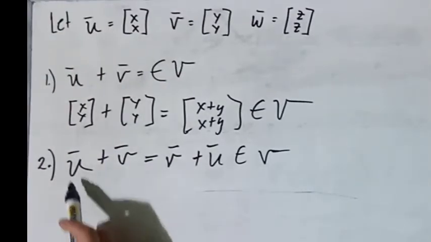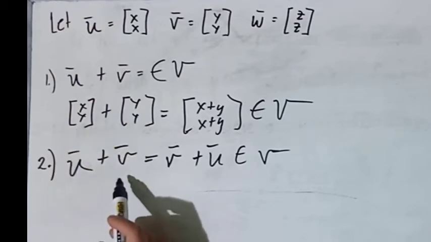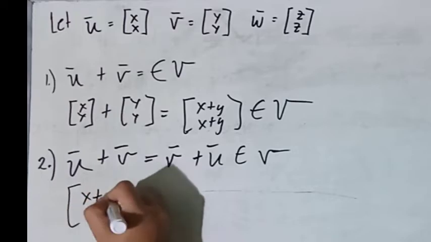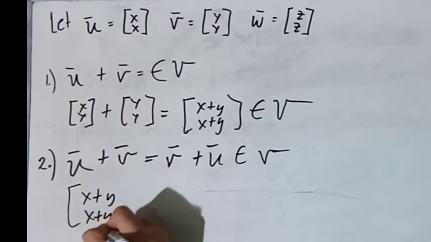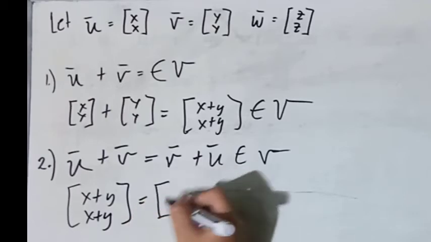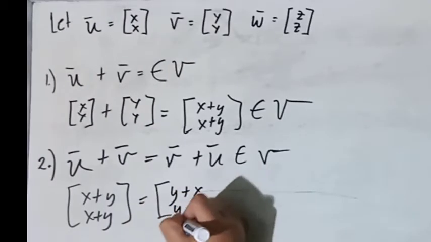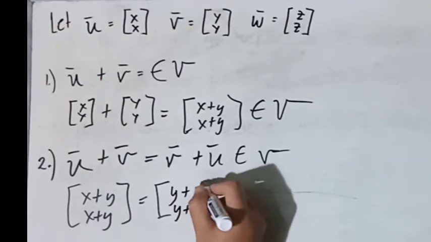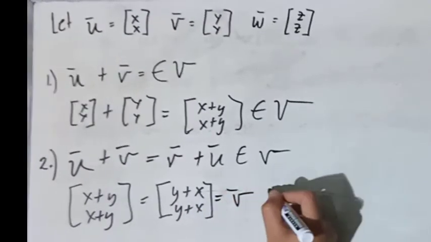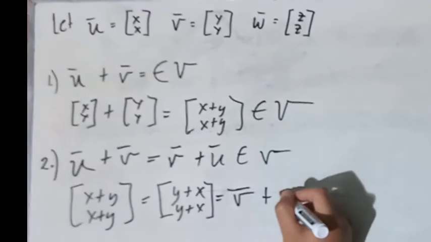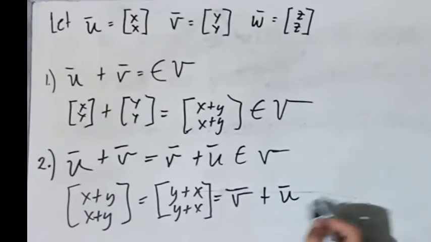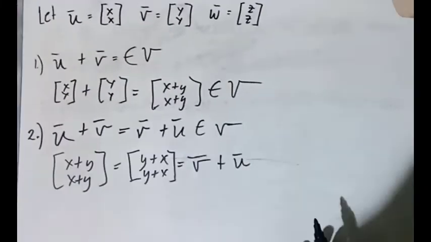We know that vector U is (x, x) and vector V is (y, y), and the sum of that is (x + y, x + y), which can also be written as (y + x, y + x), which is equal to vector V plus vector U. So that means it is commutative.